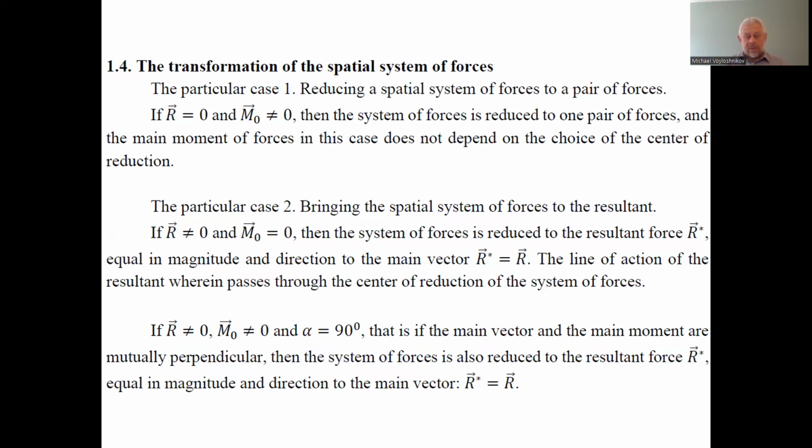So when we reduce the system of forces to a definite point, this is the center of reduction. And along this line, in the direction of the resultant force R asterisk, we can slide the force.